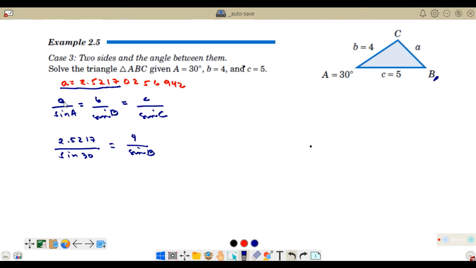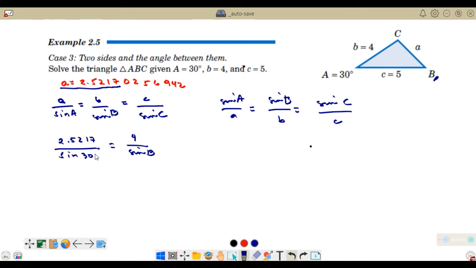So, if we make this sine A over A, having taken its reciprocal, we should also take the reciprocal of the other two given ratios. So, we have sine B over B, and then we have sine C over C. Here, it will be easier if the unknown is in the numerator, right?